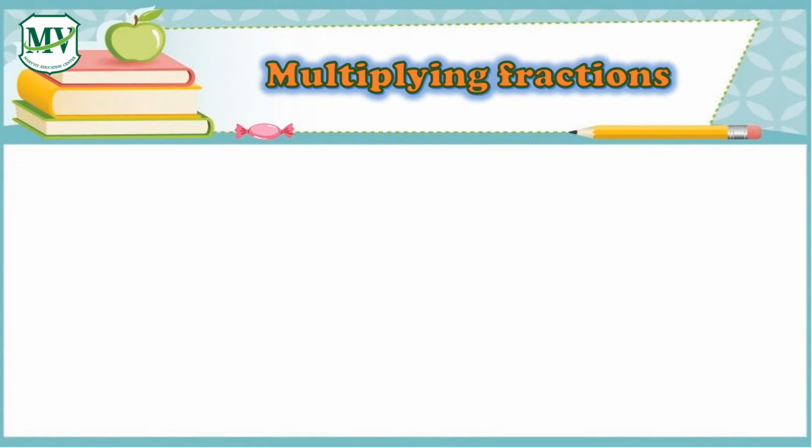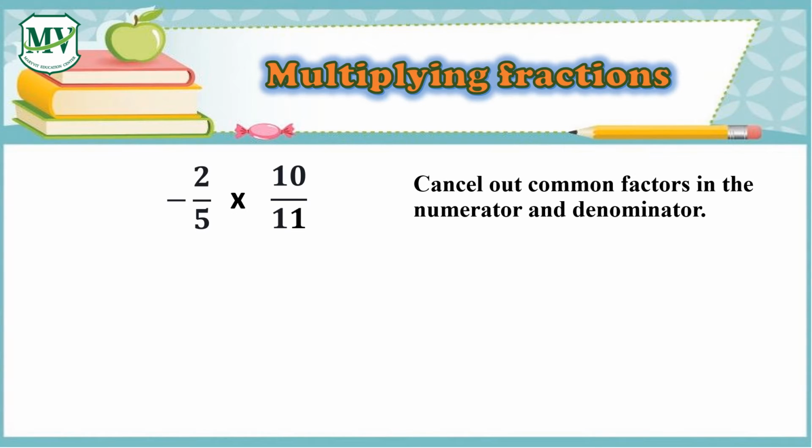Here's another example. We have negative 2 over 5 times 10 over 11. To multiply these 2 fractions, we can cancel out common factors in the numerator and denominator. In this case, 10 and 5 have a common factor. 5 divided by 5 is equal to 1.